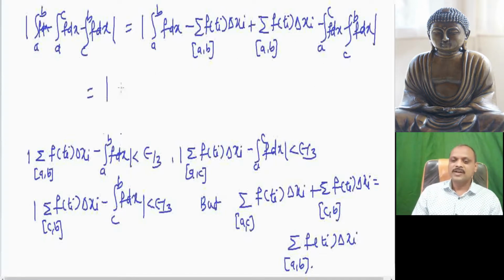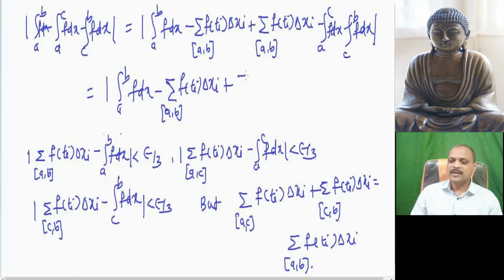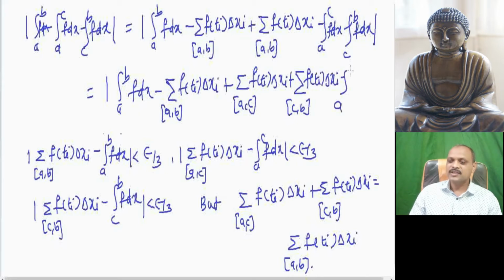Now for one quantity we write this summation a to b f of ti into delta xi, and for this sum we write it as summation a to c over f of ti into delta xi plus summation over c to b f of ti into delta xi minus integration a to c f dx minus integration c to b f dx.